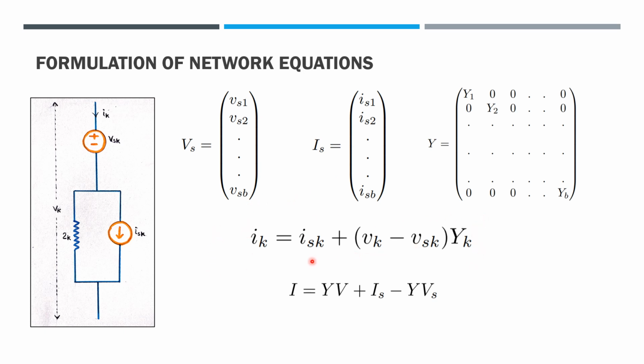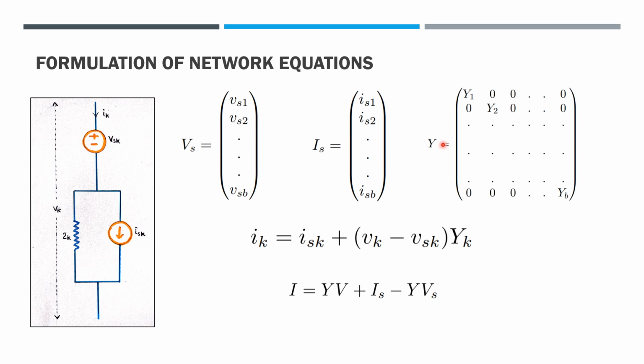Now we want to make this equation generalized so that it can represent the equations for all B branches of this form. For that, we will need some matrices to be defined. Here, Vs is the column matrix containing the values of voltage sources for all B branches. Is is the column matrix containing the values of current sources for all B branches.